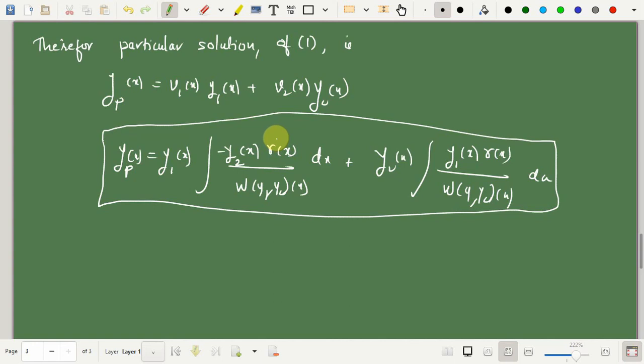Now, the only limitations that this method would have, I wouldn't call it a limitation, because anyway that is required to find a general solution of a non-homogeneous differential equation, is that you have to first know the general solution of the homogeneous differential equation, and we have seen only how to find the general solution of a homogeneous equation with constant coefficients.